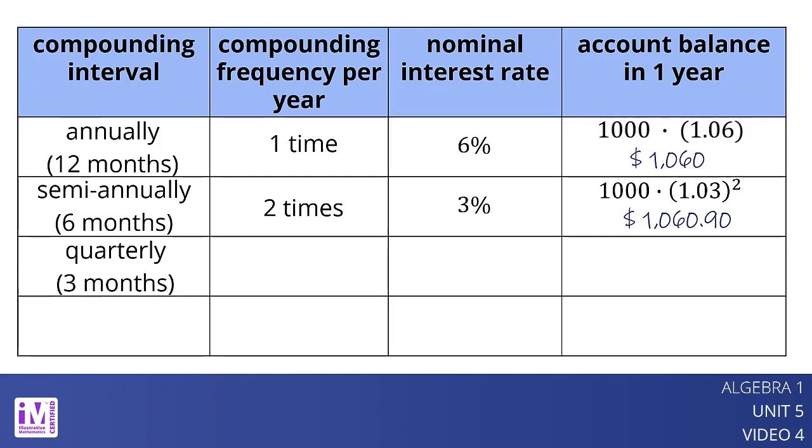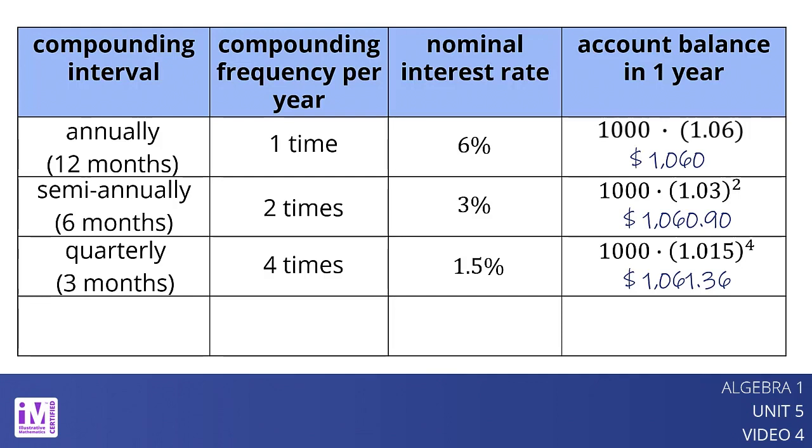If it is compounded every 3 months, there will be 4 calculations at 1.5% each time. The account balance after 1 year will be 1,000 times 1.015 to the 4th, or $1,061.36.